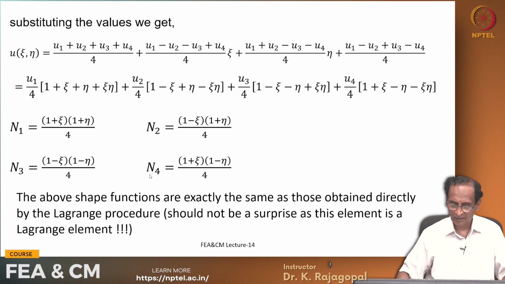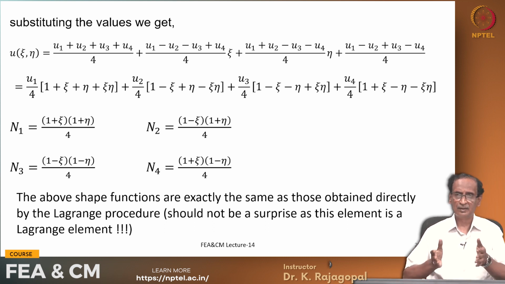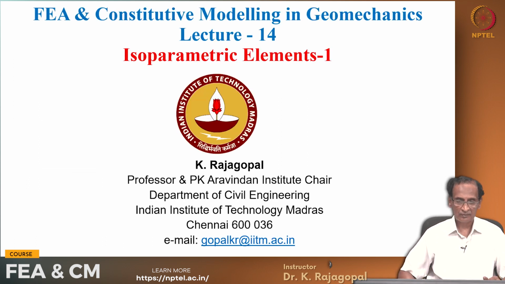Once again we get the same shape functions as we got from the Lagrange method, but it is not a real surprise because this is a pure Lagrange element. So whether you use the generalized coordinate method or the Lagrange method, we will get the same shape functions.